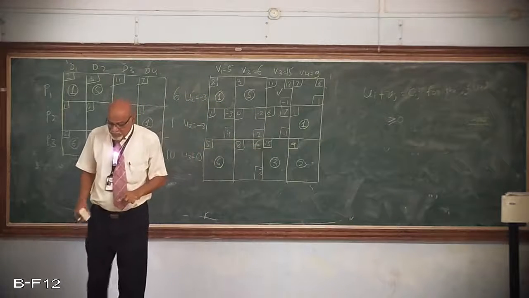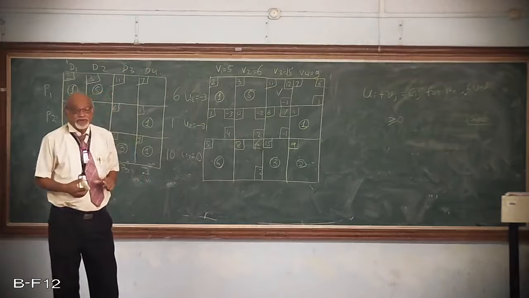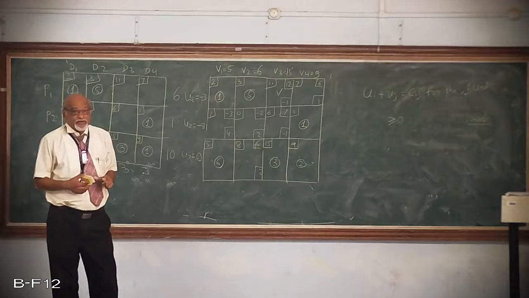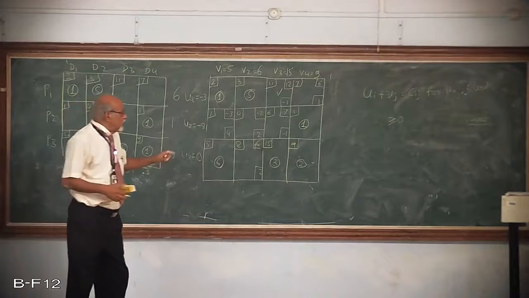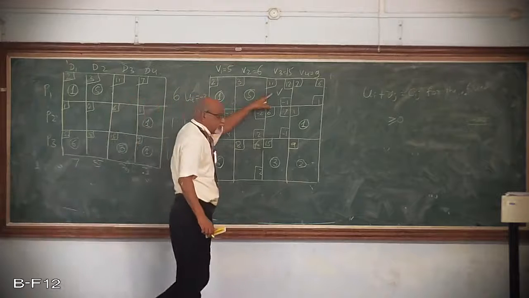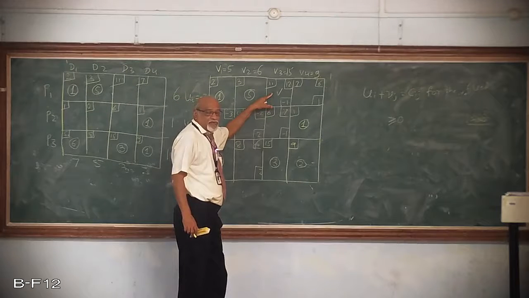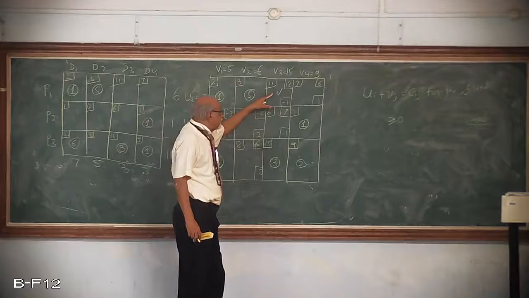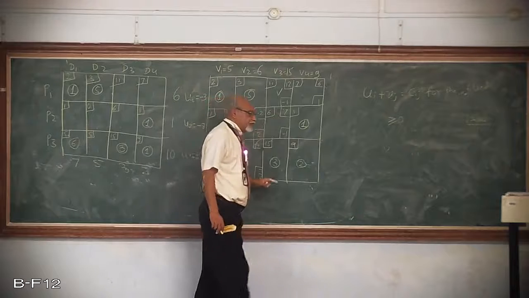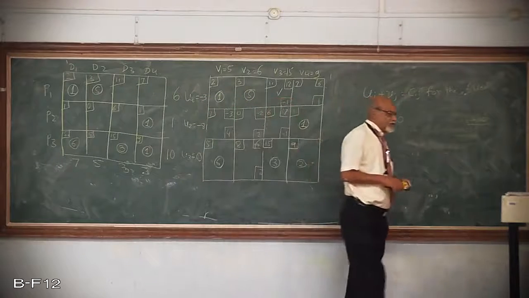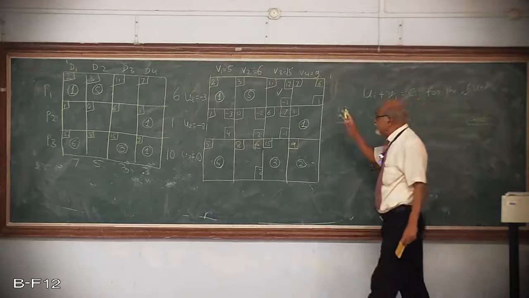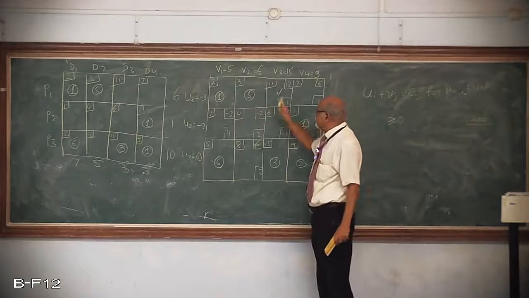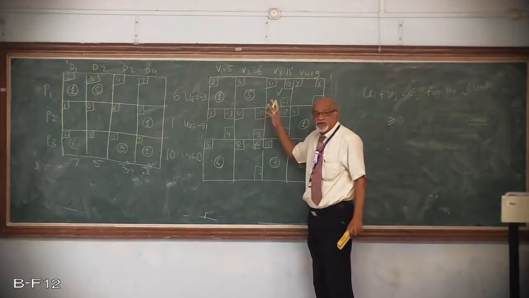So this balancing is disturbed now. If it is to be corrected, whatever we want to do, 3 cells will naturally be affected, because if I allocate some value to an empty cell, then at least 3 other cells will be affected. What are those 3 cells?